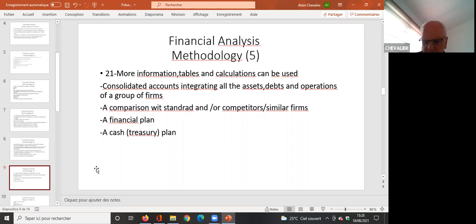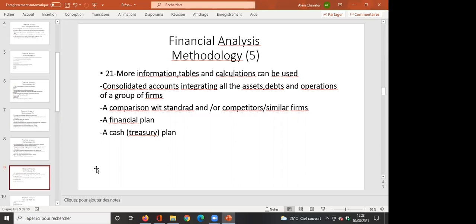You can also use some other elements or approaches, because you have more and more among your customers, or among the firms you invest in for your customers or with your own portfolio, complex groups. In your country, mainly family-owned or state-owned companies or groups. Very often they are diversified, which makes the situation more complex.